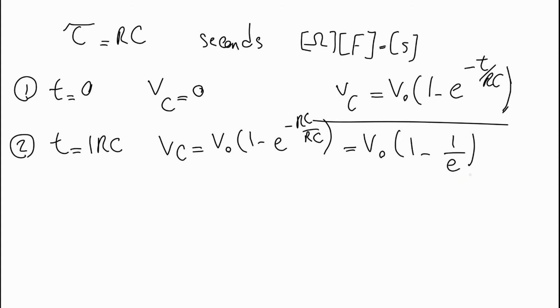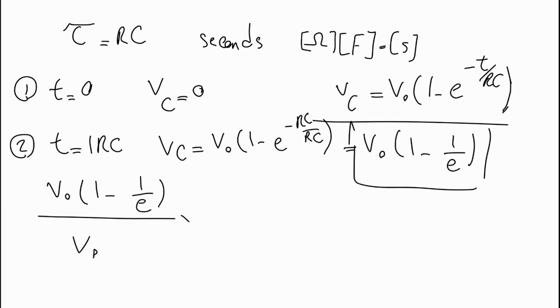Here, I would like to calculate the percentage of the voltage across the capacitor after one time constant, the ratio of this amount to V0. So the ratio would be V0 multiplied by 1 minus 1 over e, over V0, multiplied by 100.